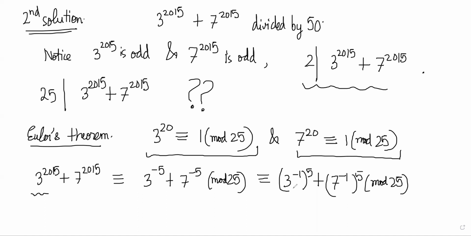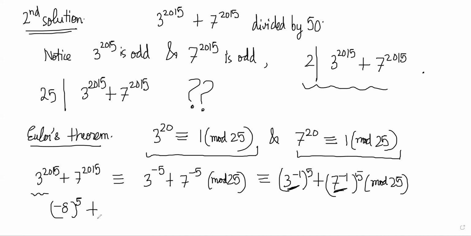And mod 25, you have to find the inverse modulo 25. So you should realize that the inverse of 3 modulo 25 is basically minus 8. 3 into minus 8 will give minus 24, which is 1 modulo 25. So what you will get here is minus 8 power 5, and the inverse of 7 would be minus 7, because again you're getting minus 49.